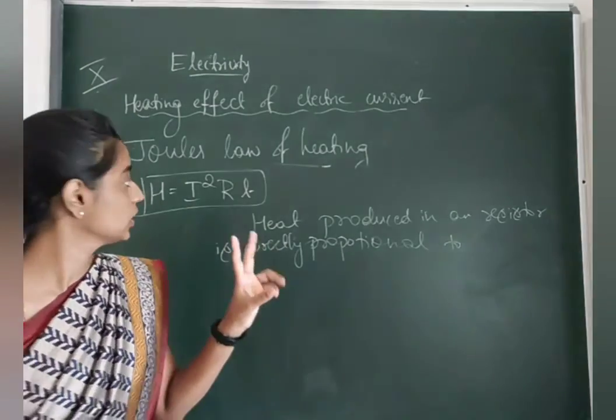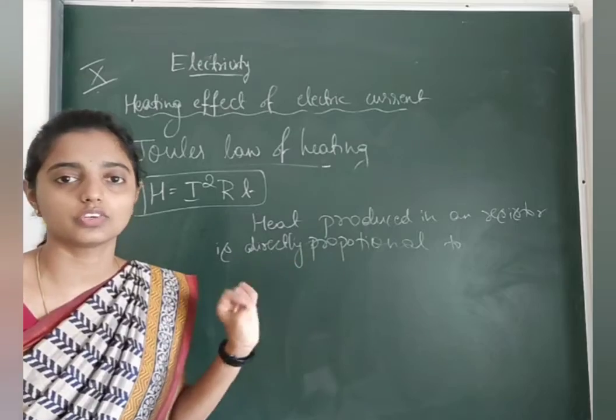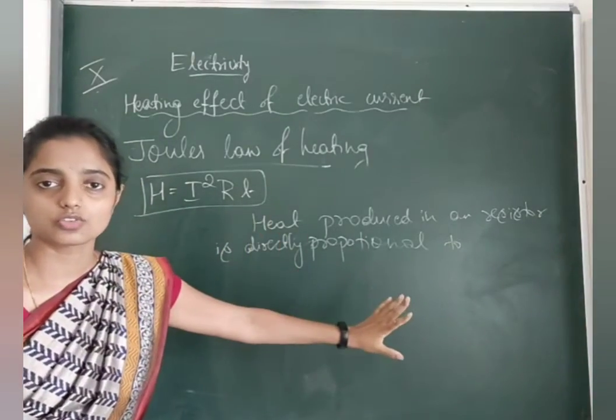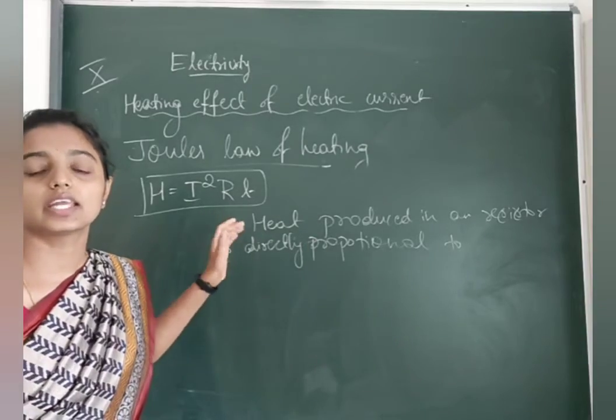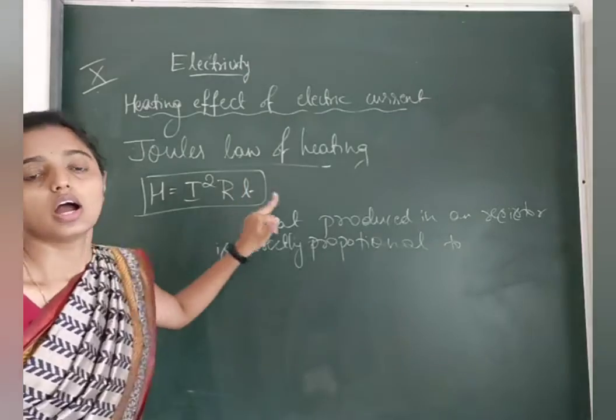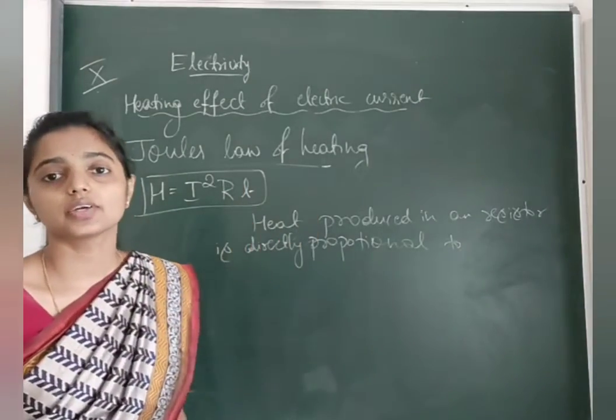Now I will tell you how to write the same question for 1, 2 and 3 marks. For 1 mark you need to write, this equation is called Joule's law of heating, which states that heat produced in a resistor is directly proportional to current, resistance and time.